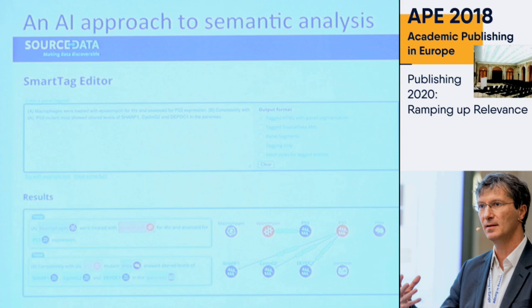And if you focus on the word P53, in the 2 examples, you see that once it's in blue, once it's in red, because the meaning of the same word, the same entity, a protein, in these different sentences is completely different. In the first sentence, P53 is the object of the measurements. This is what the scientist has observed. In the second sentence, the same word has a different context.